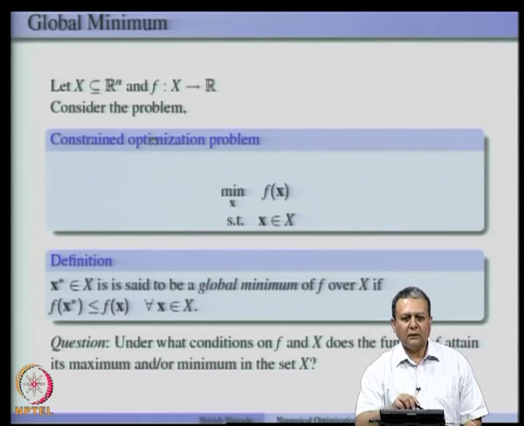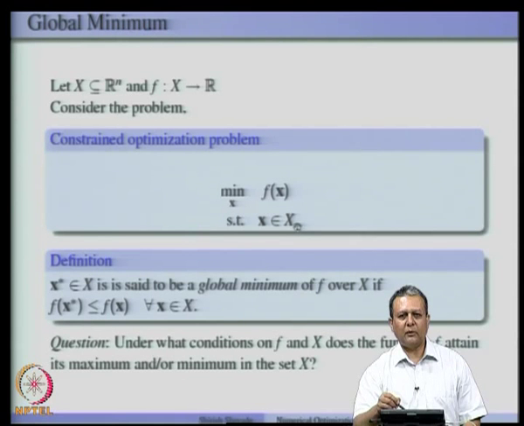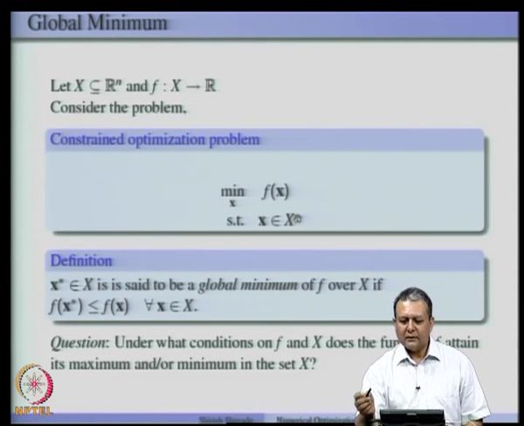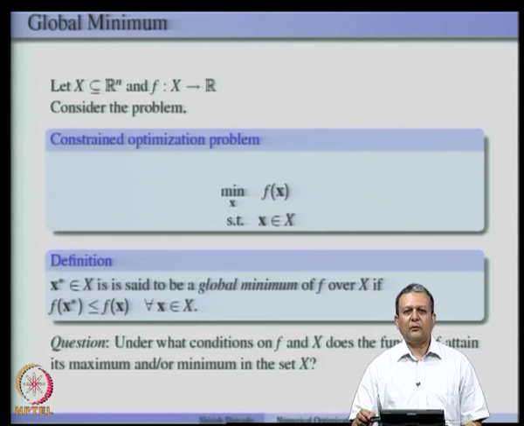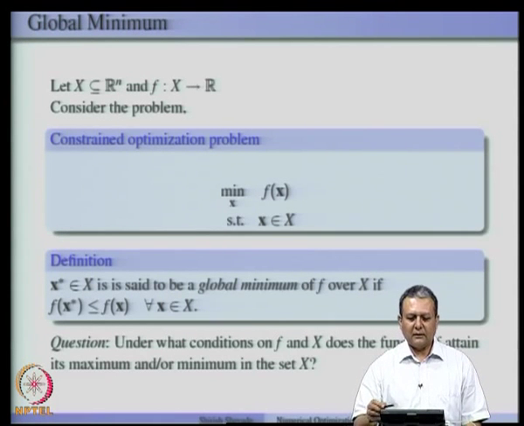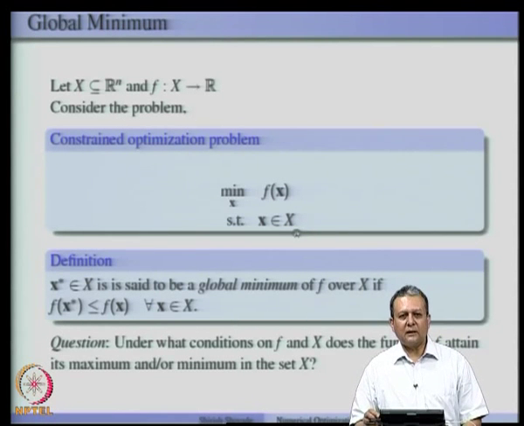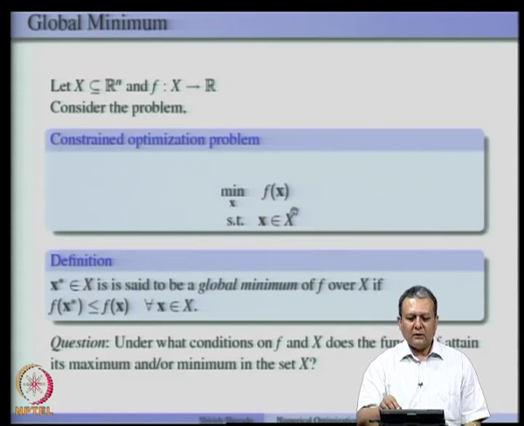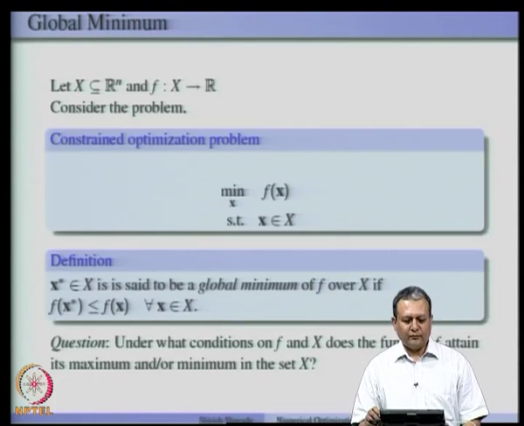You have a function f from the domain X to R, where X is a subset of Rn, and our aim is to minimize the function f where x belongs to the set X. This is a constrained optimization problem, but any unconstrained optimization problem is a special case of this, in the sense that if I replace this X by Rn, then it becomes an unconstrained optimization problem. Our aim is to solve this problem, and for that we need the definition of a minimum.